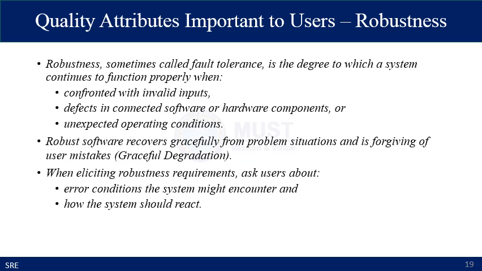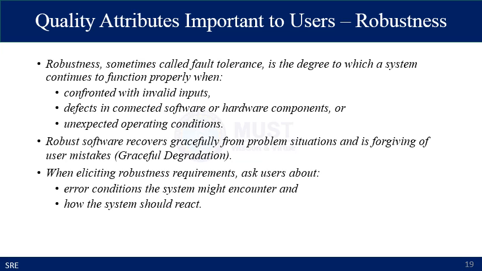The next quality attribute important to the user is robustness of your system, and it is also called fault tolerance. Robustness is the degree to which a system continues to function properly when confronted with invalid inputs.